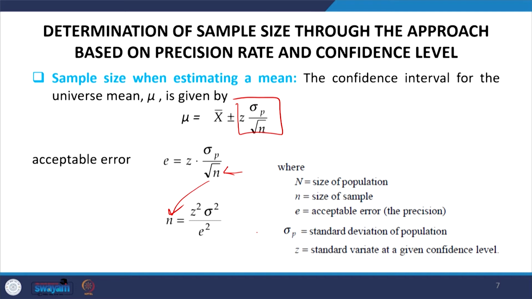E is our acceptable error, the margin of error, which I have guided on in the previous lecture, and Z is the tabulated value at a certain confidence level, and sigma is the standard deviation of the population if it is known. Now, in case of a finite population, this is what we said in the previous one.